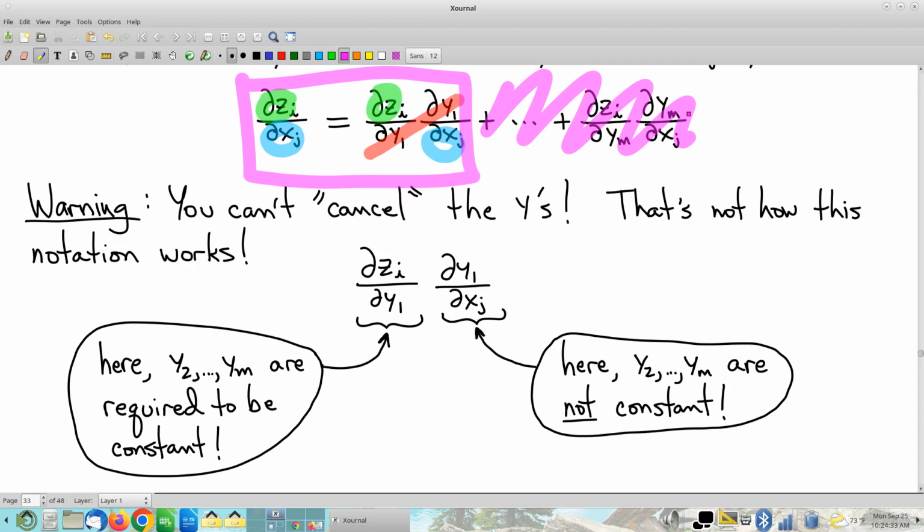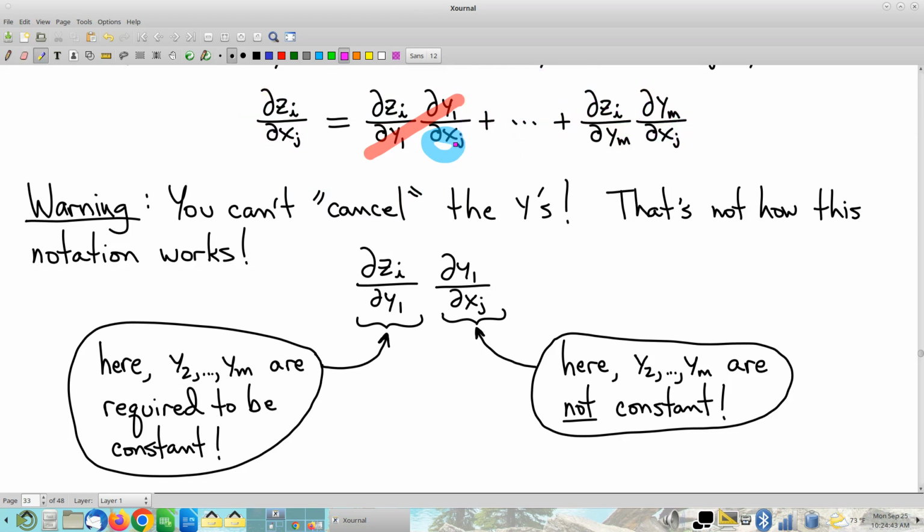Now, again, that's not why you can't do it. That's the evidence that you can't do it. The reason this is invalid reasoning is that, when you cancel, you're supposed to be canceling the same things. And at a glance, it looks like these are the same thing. But they're not. It's a shortcoming of the notation.